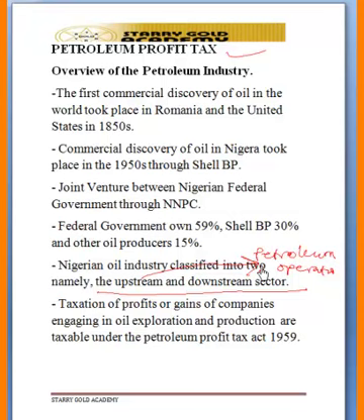There are companies that are engaged in this activity. These companies are called E&P companies, Exploration and Production Companies. Examples are Shell, BP, Mobil, ExxonMobil.